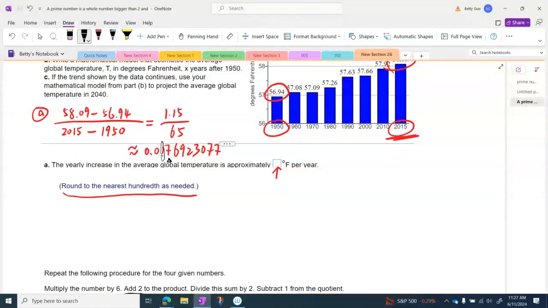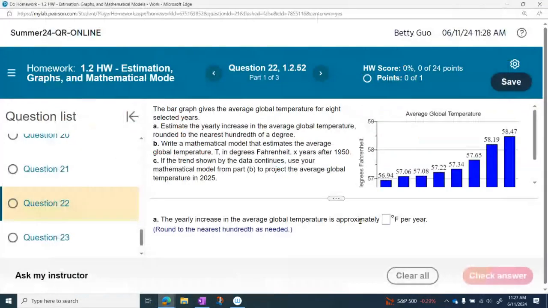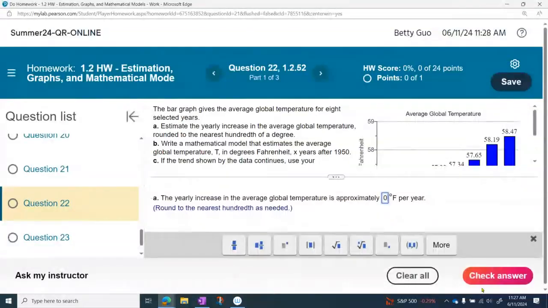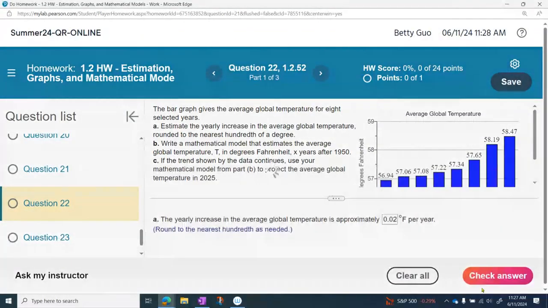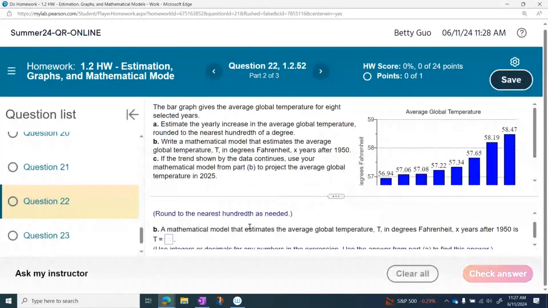Because 7 is bigger than or equal to 5, we round it up. So this number, keeping 2 decimal places, is 0.02. So here we enter 0.02 Fahrenheit per year. Right? And that's part A.